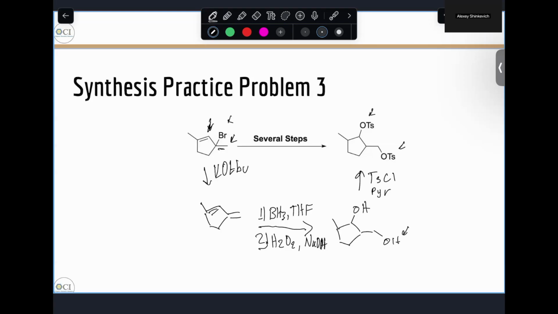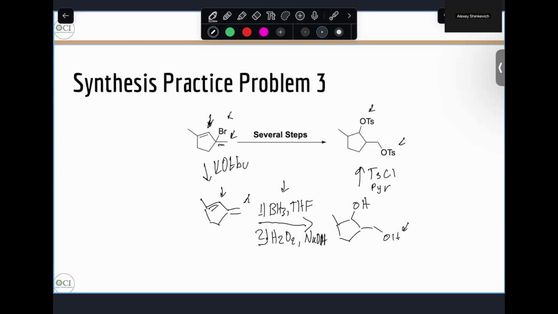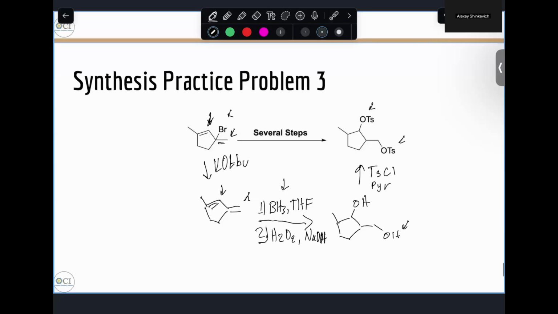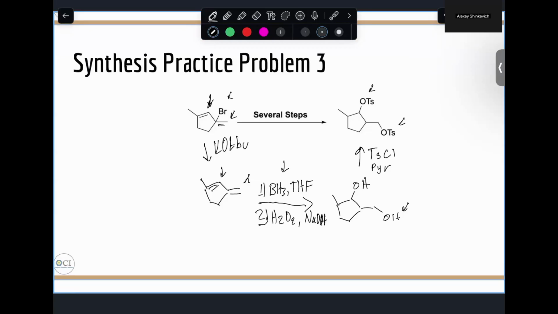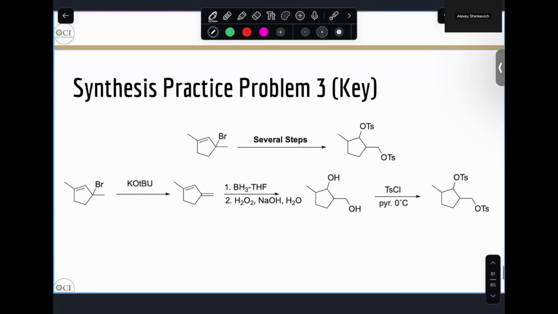So the less substituted side is there and there, right? And how come they do the less substituted side? Because these reactants put the OH on the less substituted side: BH3, THF, H2O2, and NaOH. It's a chapter 8 reaction. Any other questions? It's the key.